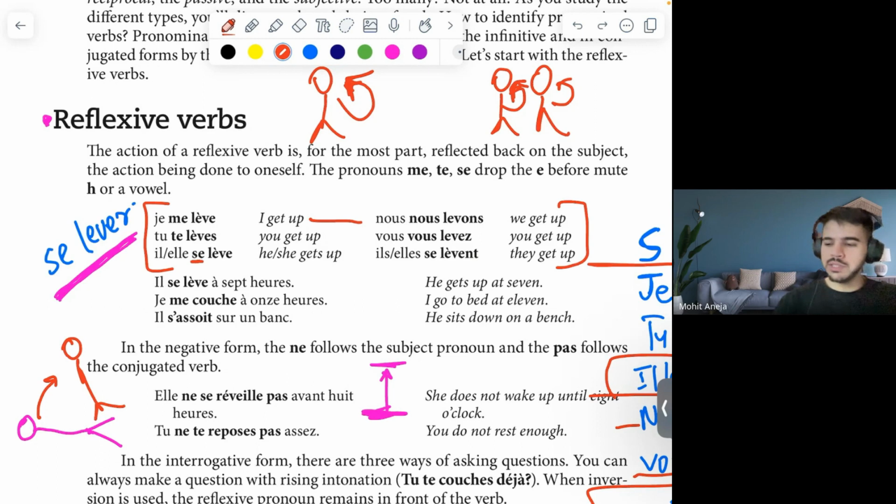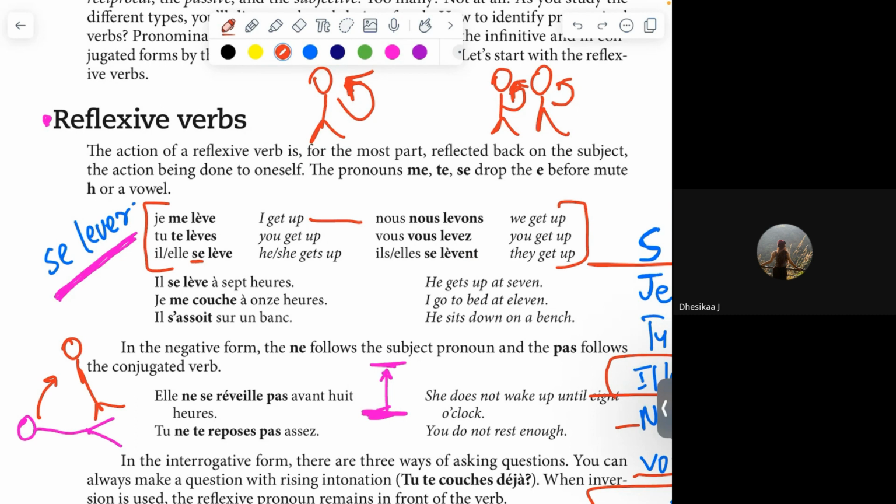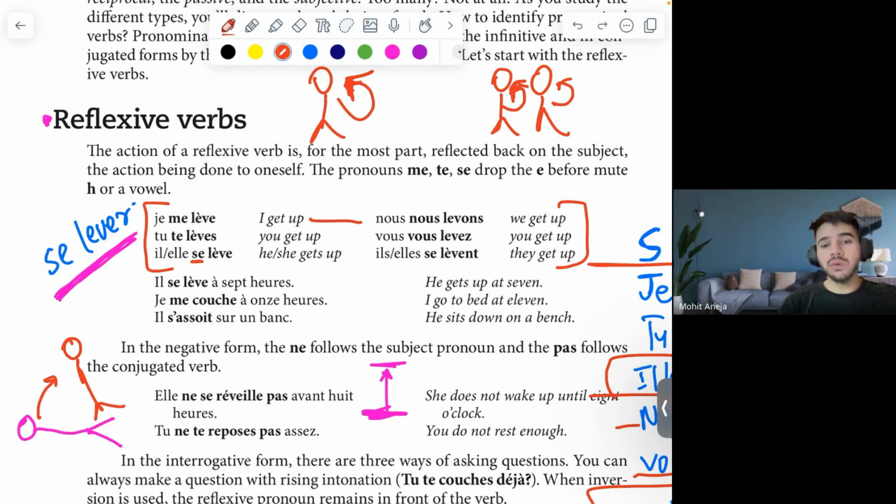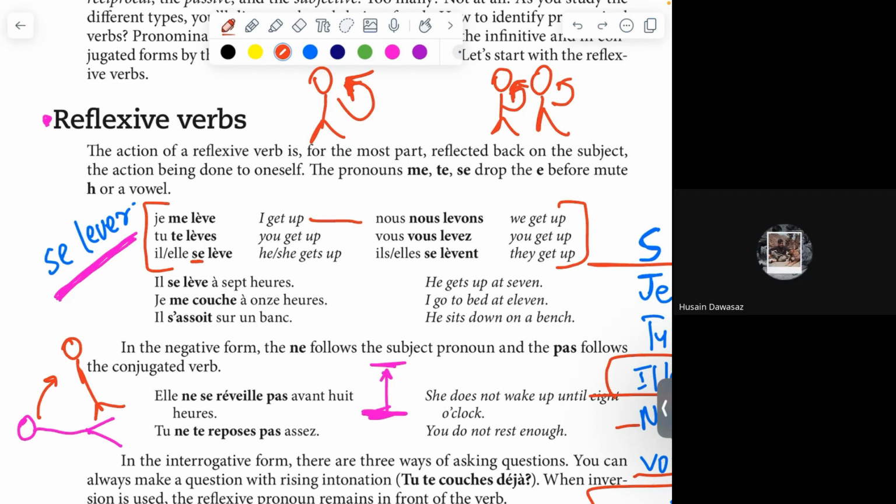Desika, can you read the first two again? Je me lève. Nous nous levons. Okay. Hussein, read the next two again. Tu te lèves, vous vous levez.